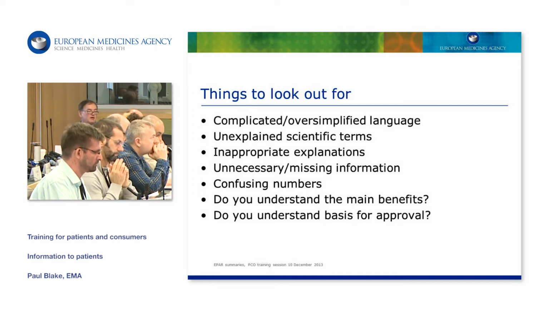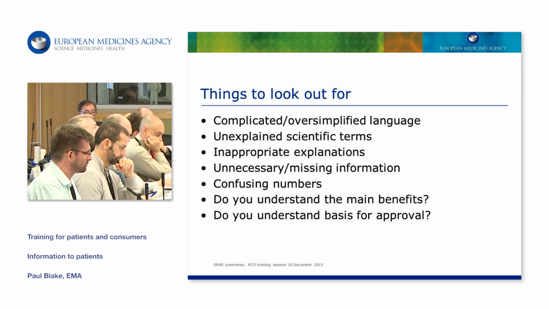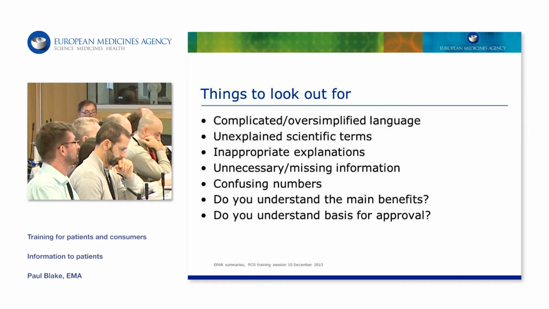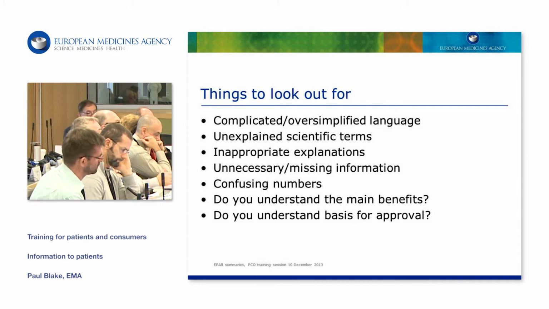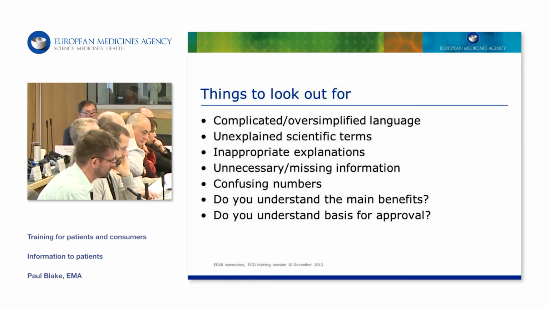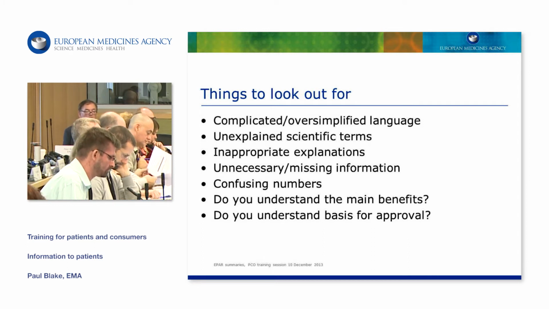And things we particularly hope that you'll look out for are, is the language right? Is it overly complicated? Has it perhaps been simplified to the point where it's patronising? Are there unexplained scientific terms in there that you think really need an explanation? Equally, are there levels of explanation that you think are perhaps going too far? Particularly important, is there missing information?